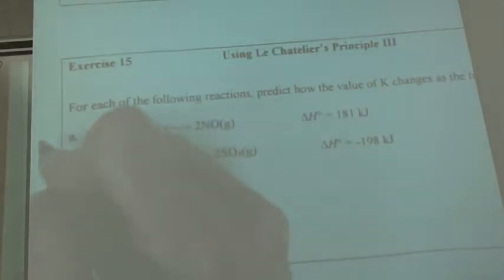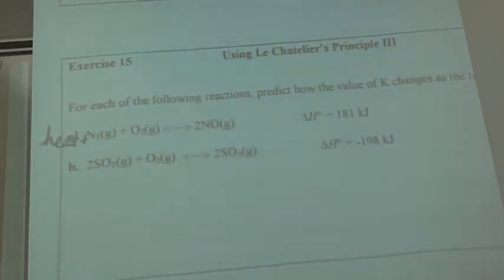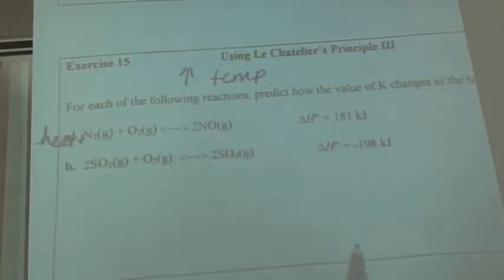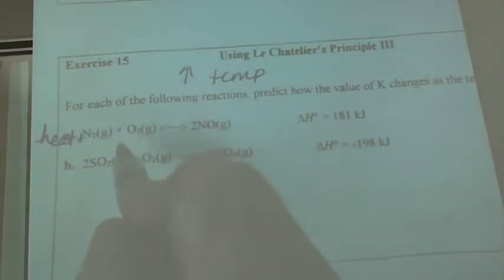It is a reactant. This is an endothermic reaction. Heat is a reactant. So when the temperature of this system increases, will it shift right or left? It will definitely shift right, away from heat.